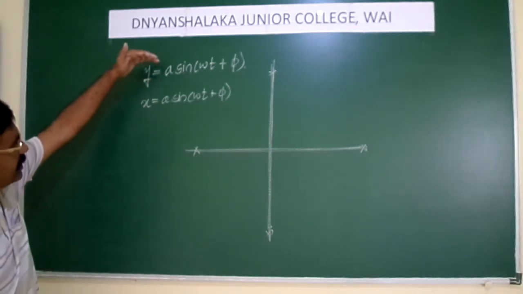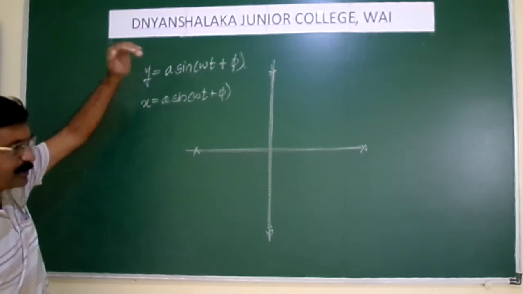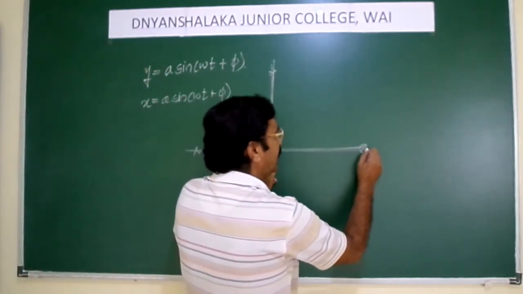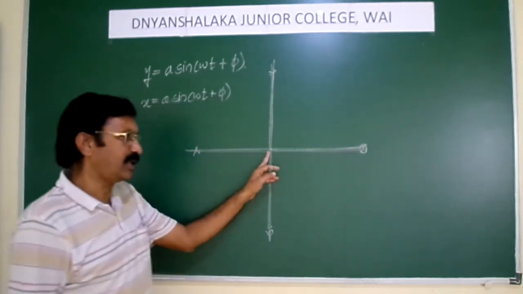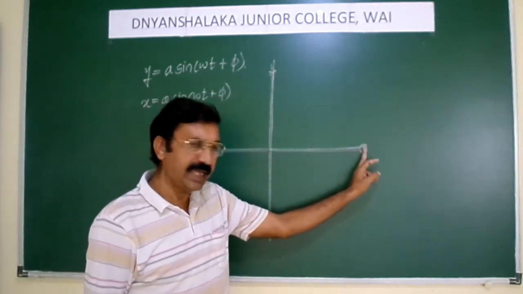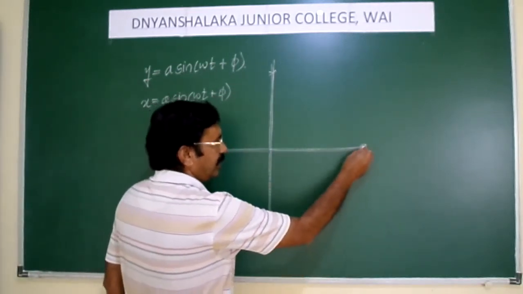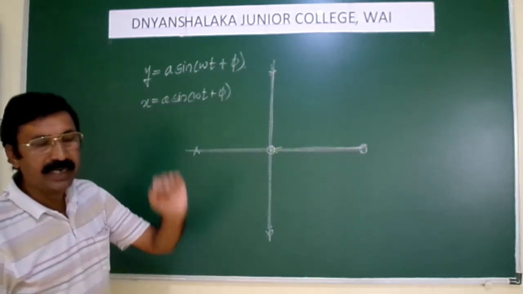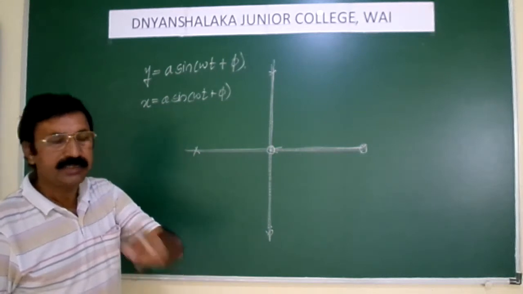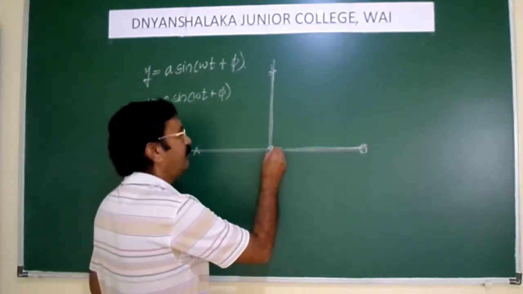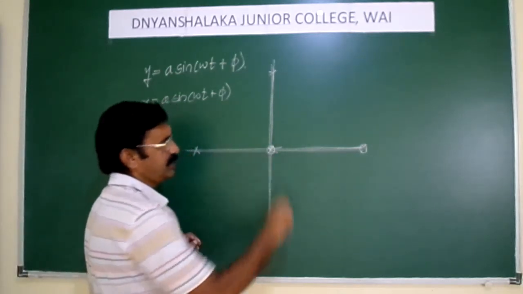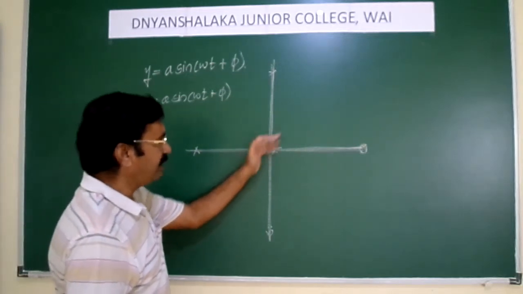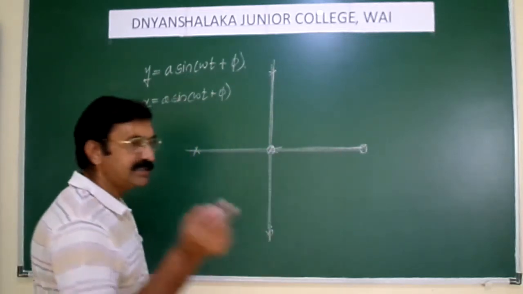Now considering the first expression, if the particle on the circumference of the circle is on the x-axis, then its projection will be at the origin. So the particle which is going to perform simple harmonic motion will be at the mean position. At that time the angle with respect to the x-axis is 0.